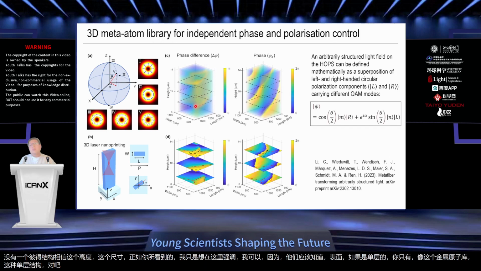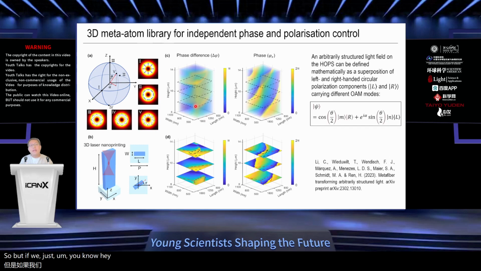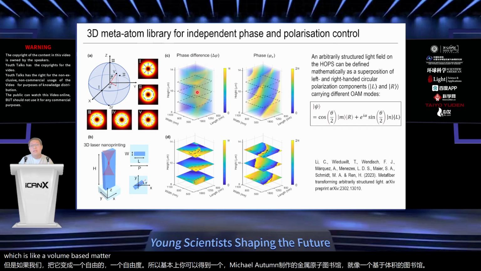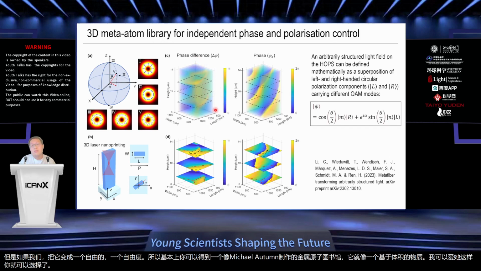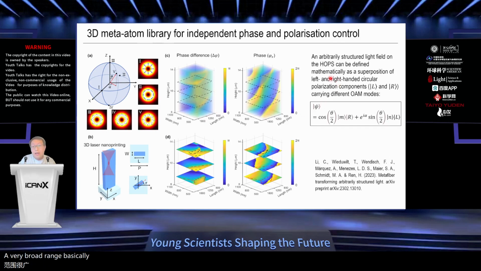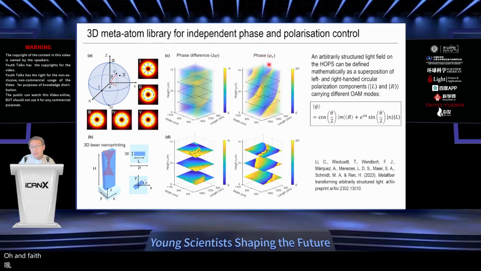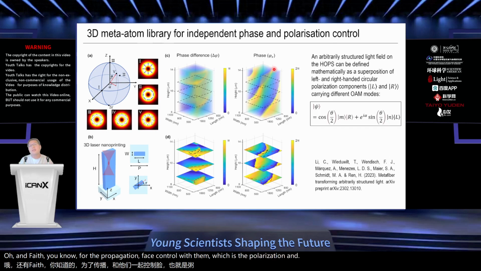But if we make this a degree of freedom, you can get a volume-based metaatom library, so that you can select the structures from a very broad range. So the idea is that we use this broad phase coverage and phase difference coverage for the polarization control and the propagation phase control, which is the polarization and phase independent control.